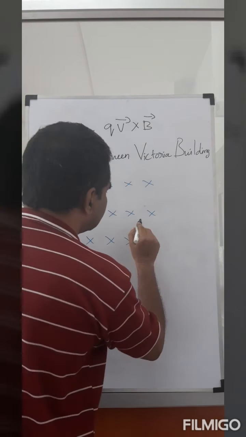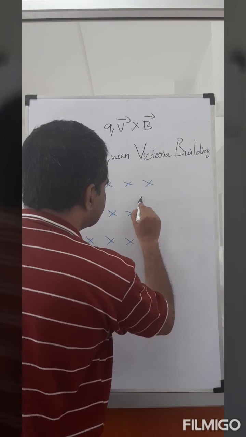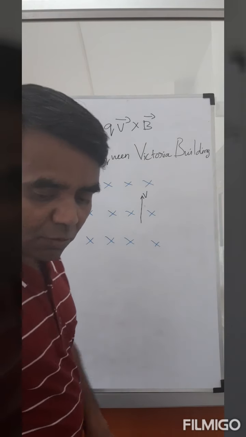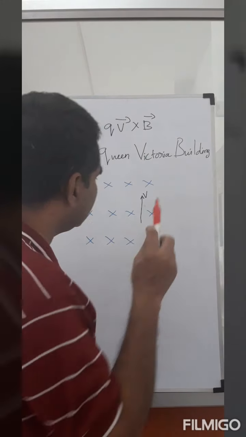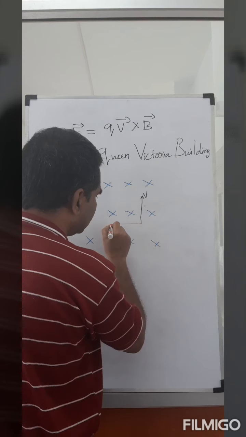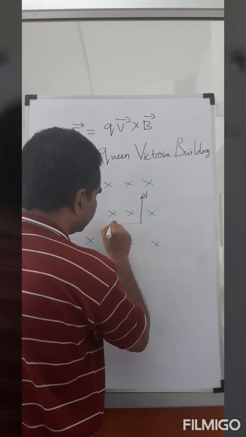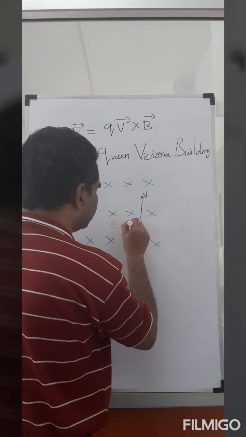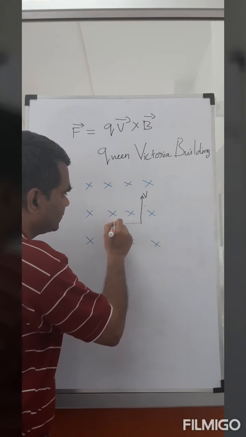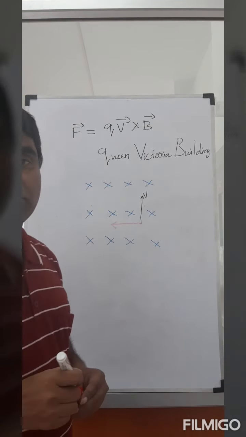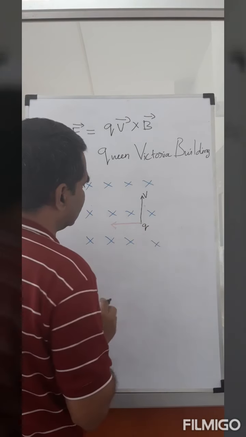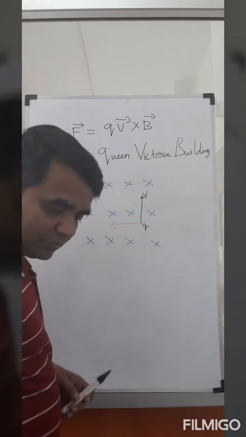This is the velocity of the charge. Then this charge Q will experience a force in this direction. So let me say this is the charge Q and this is the force.